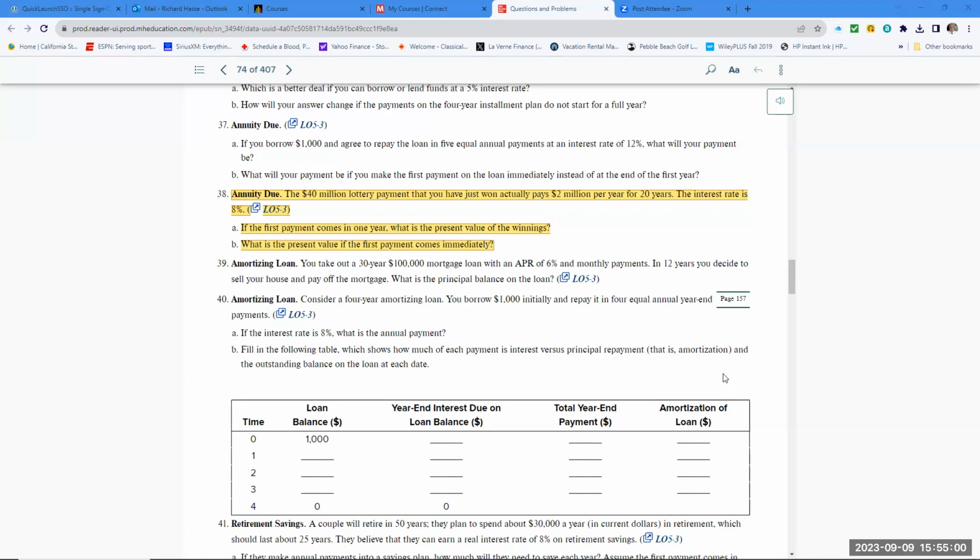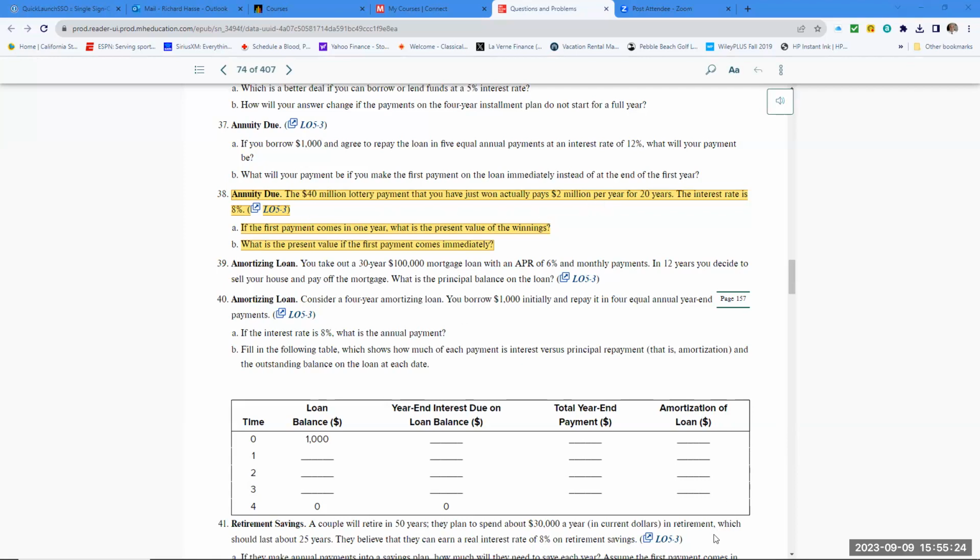Or I can get a lump sum payment now, with the interest rate, or discount rate, that the lotto folks use of 8%. What would my lump sum payment be? That's called an annuity due. In other words, you're giving up a series of payments over time for a lump sum payment today.